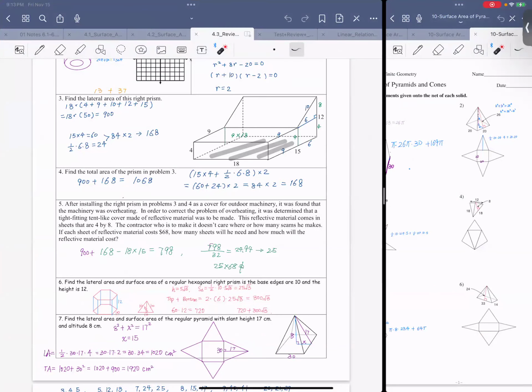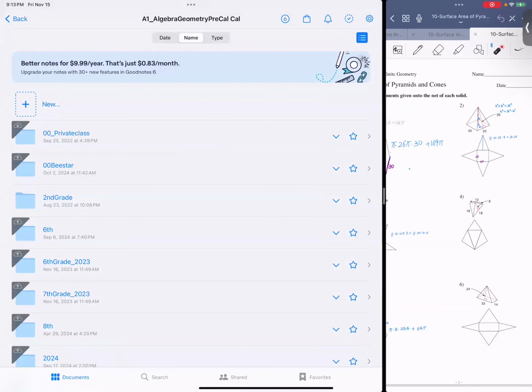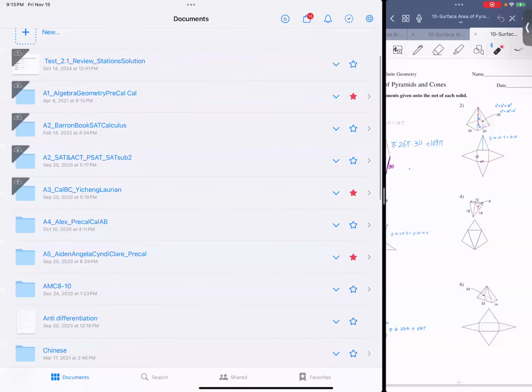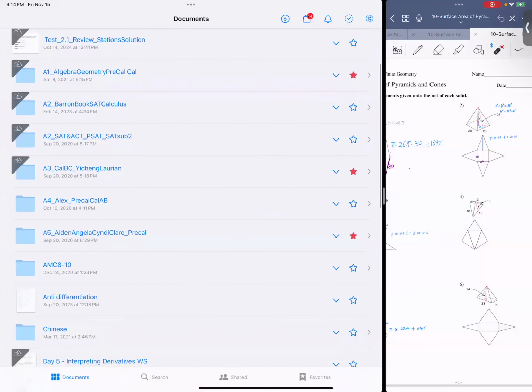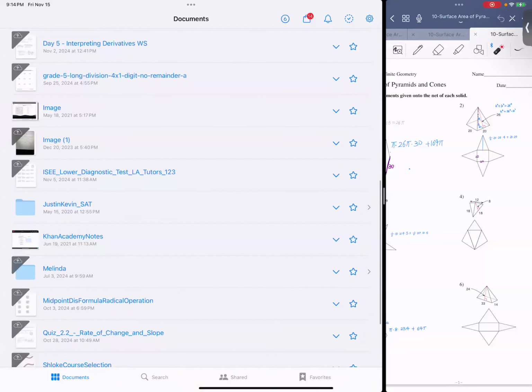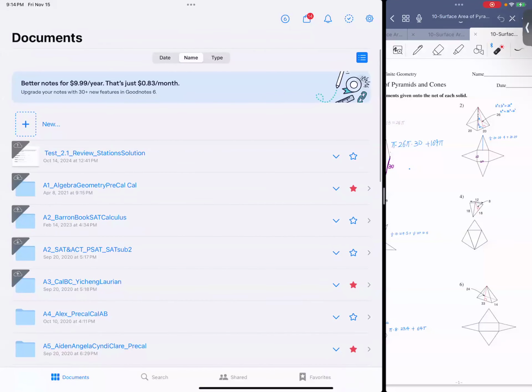Next class, we will do the 3D geometry volume calculation. So next class, we will have more practice about those composite 3D geometry questions. Let me show you examples.